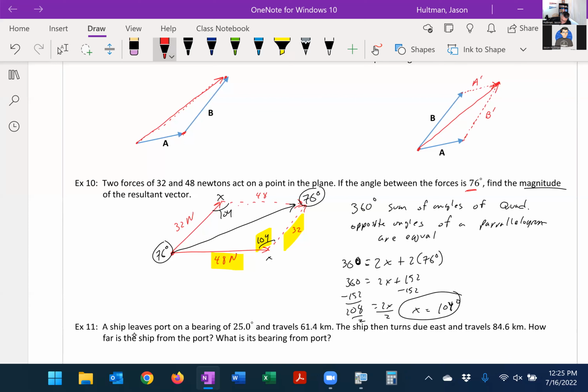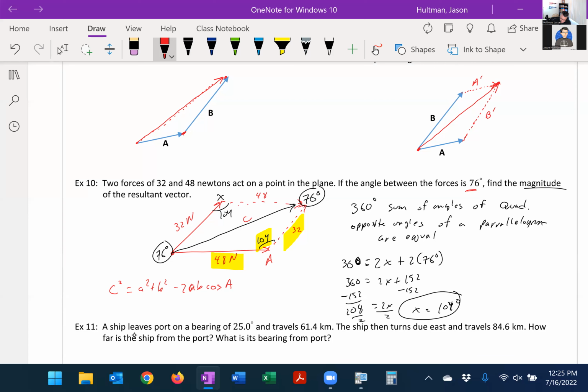So I'm going to say that, we'll call this C here. Little c is equal to a squared plus b squared minus 2ab cosine A. We'll let this be the a, I guess, in this triangle.